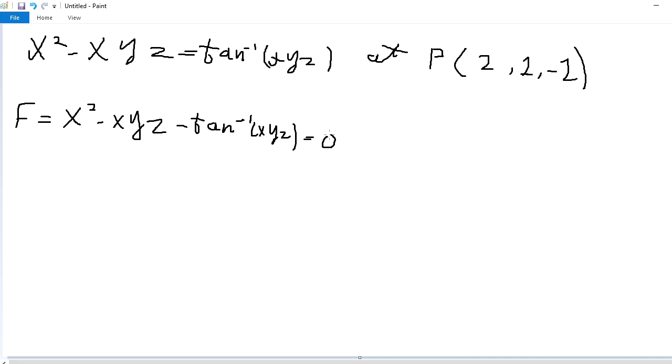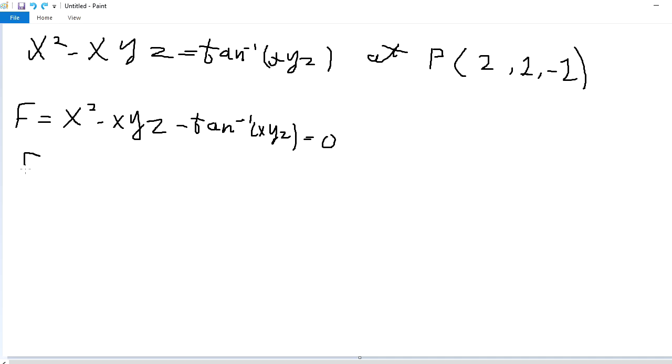So this is the first step, okay? The second step is to take the partial derivatives of this equation, first with respect to x, second with y, and third with respect to z.